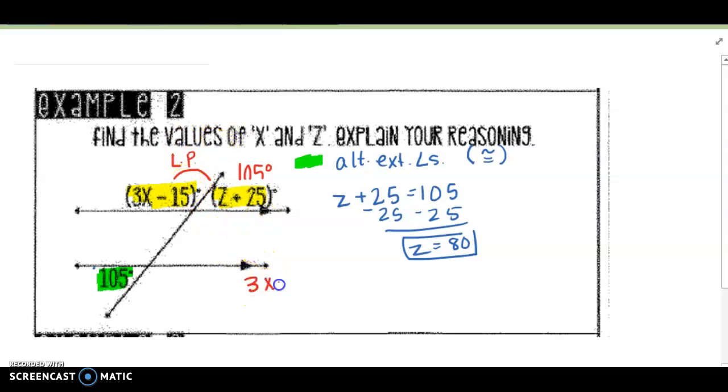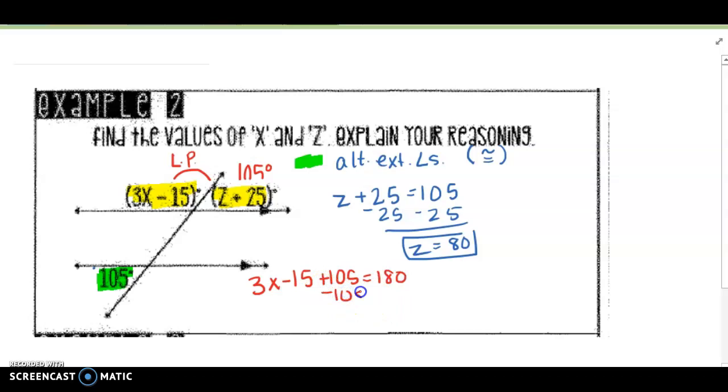I can say 3x minus 15, 3x minus 15, not plus 15. So 3x minus 15 plus 105 equals 180.